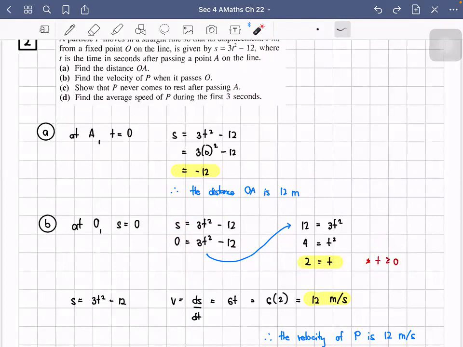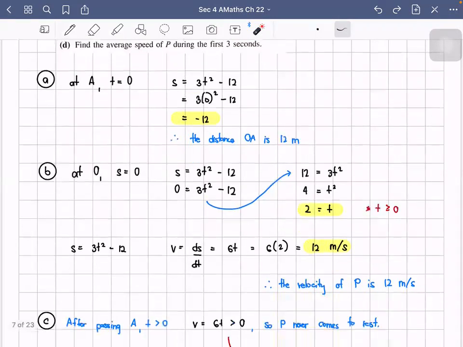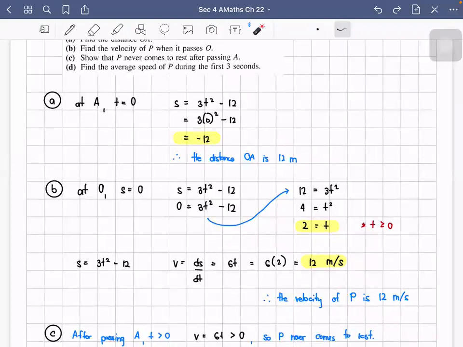If you're given a choice of positive and negative time, we'll always go for the positive or 0. Can be 0, can be positive, but never negative. So if t is 2 seconds, then it's asking for the velocity of P.